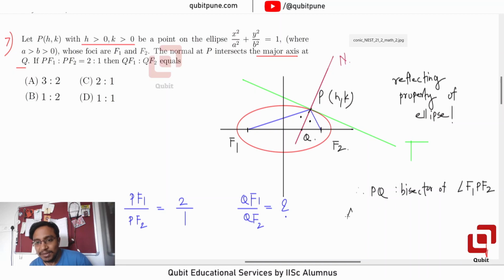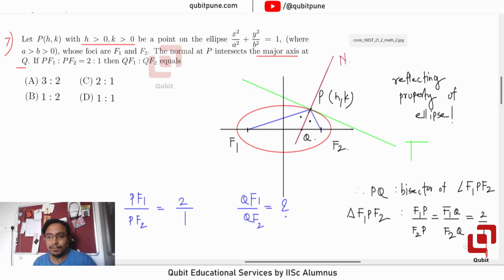So we can now use the angle bisector property in triangle F1PF2. What is the angle bisector property? F1P by F2P is equal to F1Q by F2Q. And because F1P by F2P is 2 is to 1, the other ratio will also be the same, that is 2 is to 1. So that is option C.